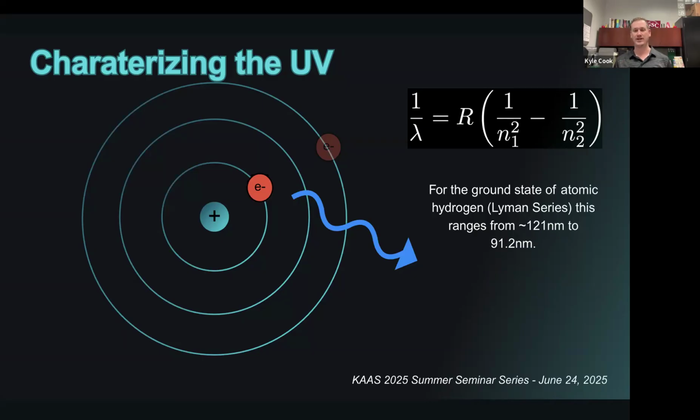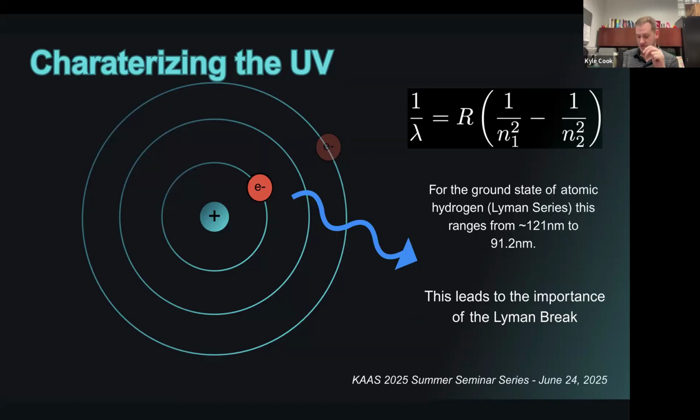So that is the range where you are getting these UV transitions from the atoms here. This is an interesting region, and it is what leads us to a very important concept right out of the gate, something we call the Lyman break.